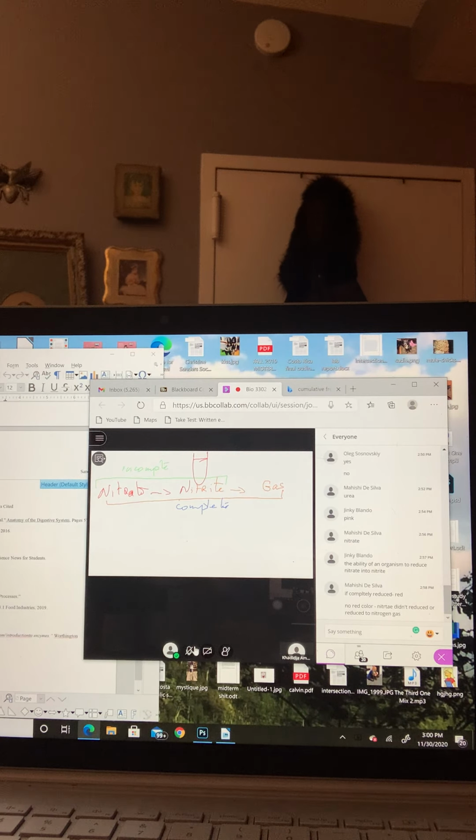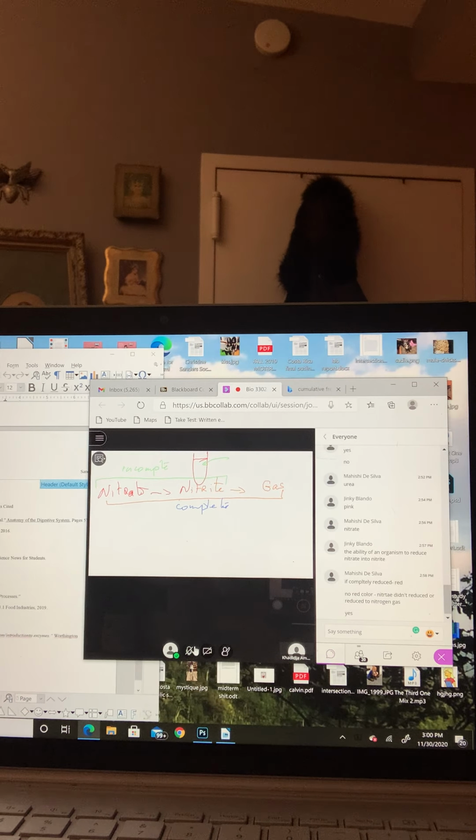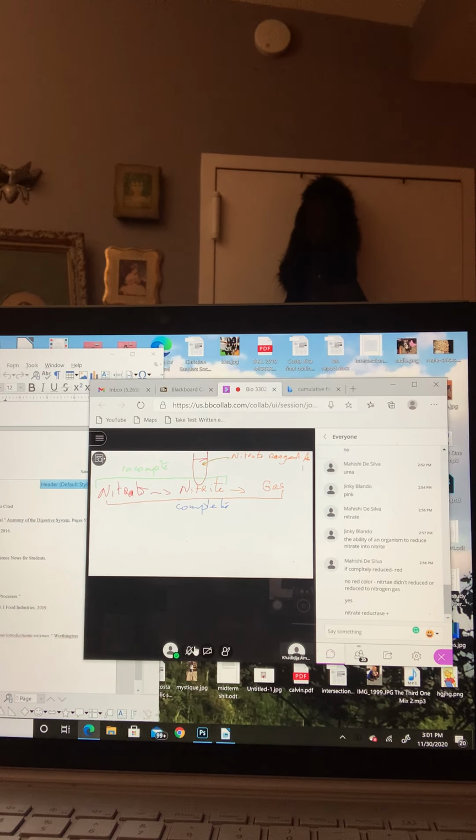So here we have to add the reagents, nitrate reagents A and B. If the tube turns red, it's positive.